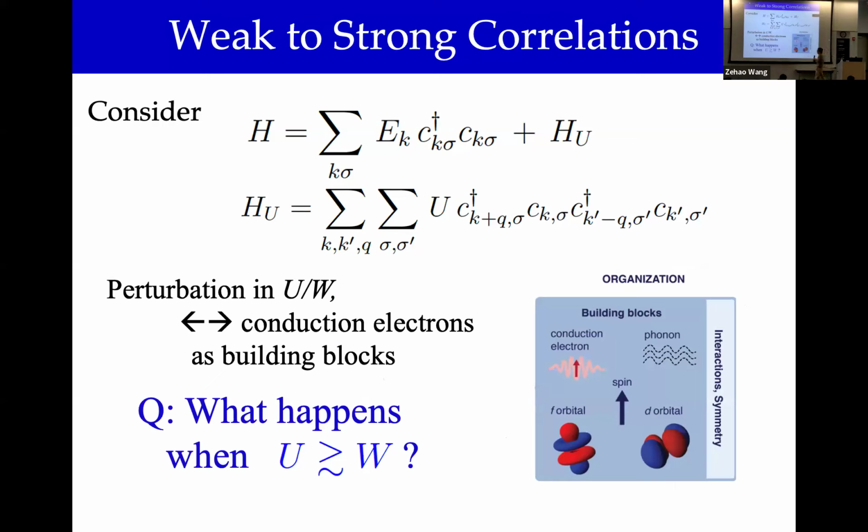One way that has been very productive is, instead of thinking about the U=0 problem as a reference problem, like coupled harmonic oscillators, you use the interactions to build up some effective degrees of freedom for the low energy physics.